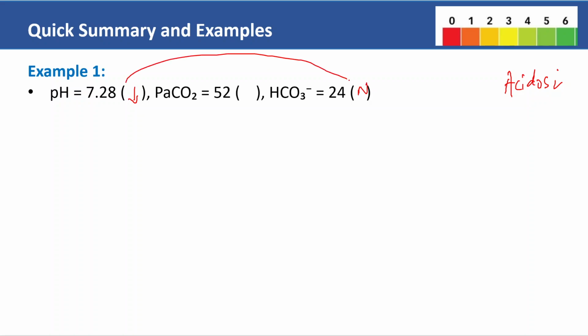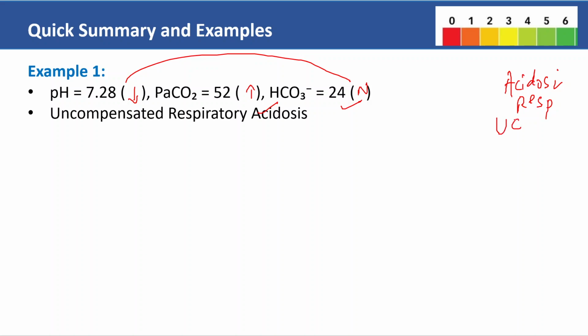Both are opposite, so I am supposed to say it is respiratory. Respiratory acidosis. PaCO2 is increased, right? So one is normal and the other one is abnormal. So what I'm supposed to give is uncompensated respiratory acidosis. Let me look at the answer first. Uncompensated respiratory acidosis. That's right.